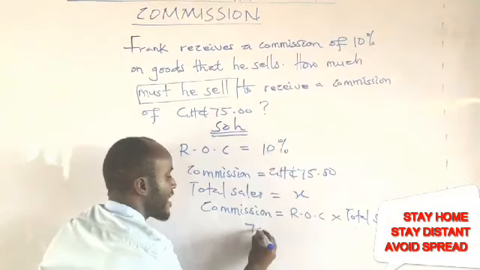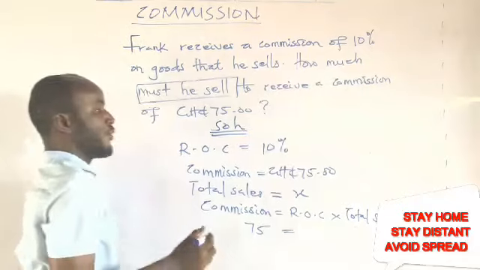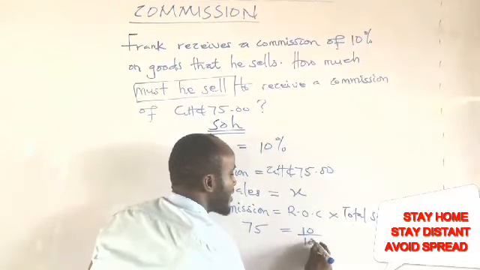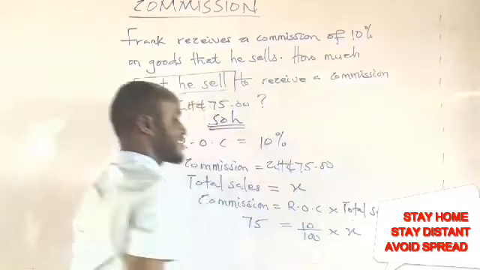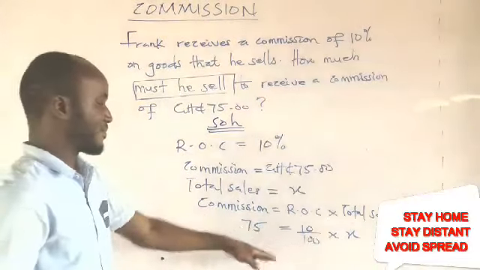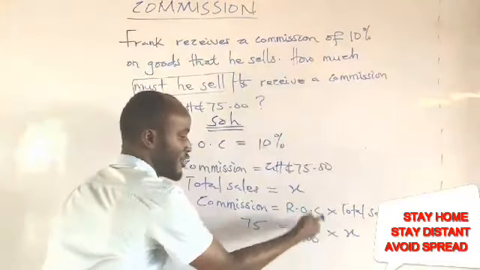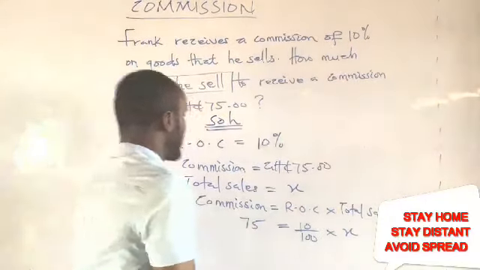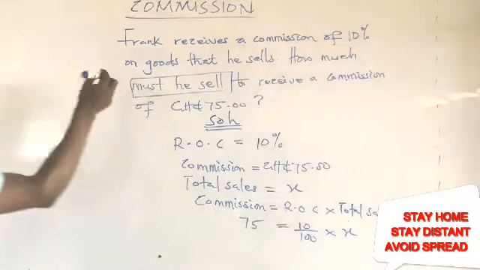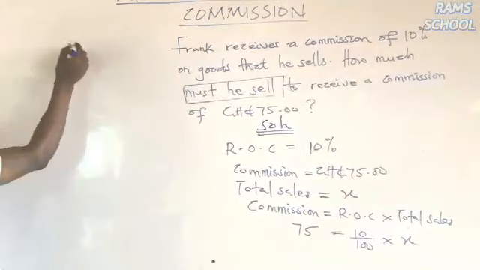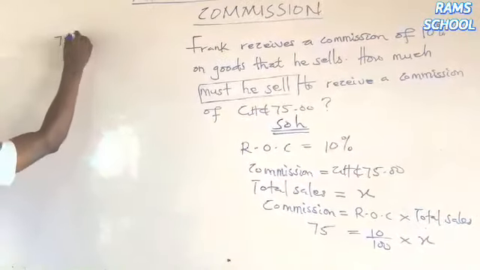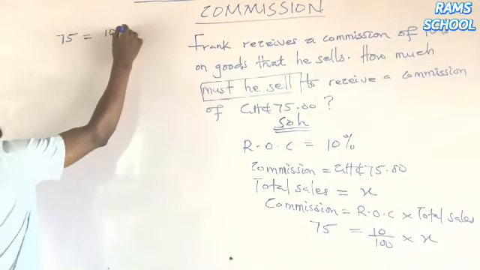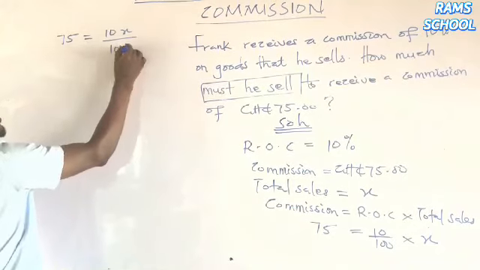So 75 equals rate of commission, which is 10%, so 10 out of 100 times X. Then we evaluate this. We can reduce this fraction here, or better still, we can multiply the 10 by the X. So we shall get 75 equals 10 times X, we get 10X out of 100.